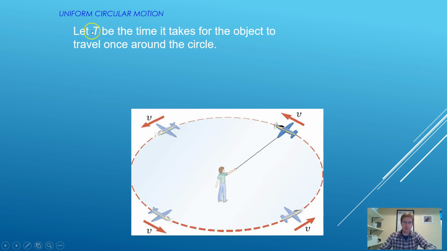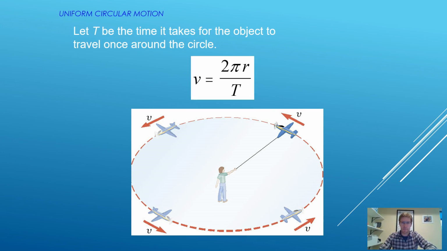When you see capital T here, that represents the period, and that's the time it takes for an object to complete one full revolution. So the speed, if it's moving at a constant speed, is just going to be equal to the circumference of the circle, 2 pi r, divided by the time it takes to complete one cycle, T, known as the period.